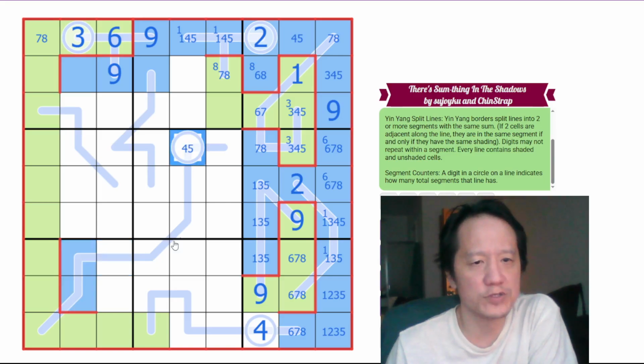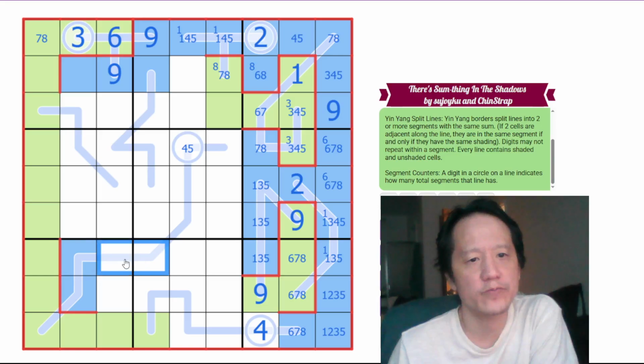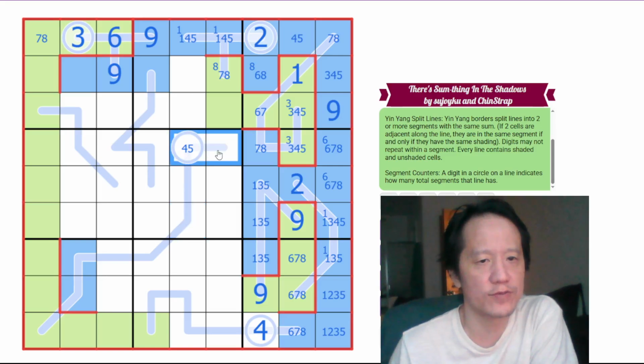I'm looking at the most this could be, essentially. 1, 2, 3, 4, 5. 1, 2, 3, because it cannot be the same digit here and then be completely different here. 4, 5. Right, because you have to split this up as 1 and 3 or 2 and 2. You cannot have 1, 2, and 1 here split up because there would then be a duplicate in the same box.